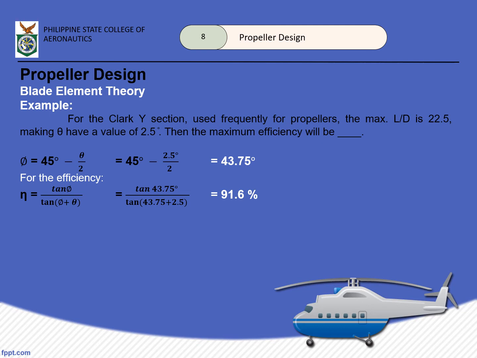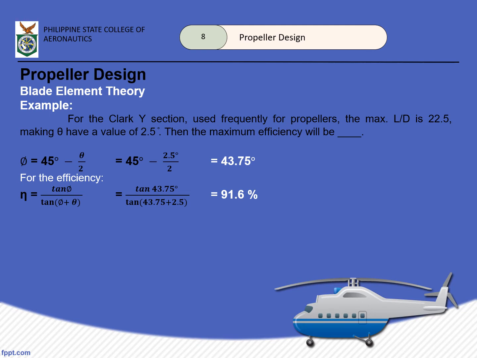Again, what does this mean? This will be the most efficient element within our propeller. Nearer to or farther from the tip, blade elements will be less efficient. Imagine having to test each section. Diba na-mention na it has infinite numbers of airfoils for our blade element theory.